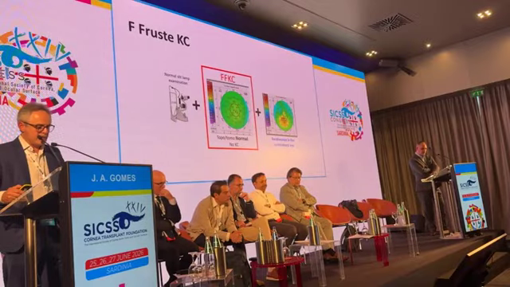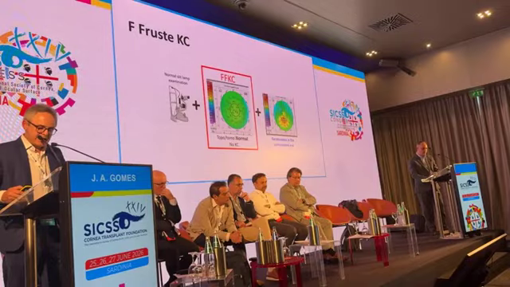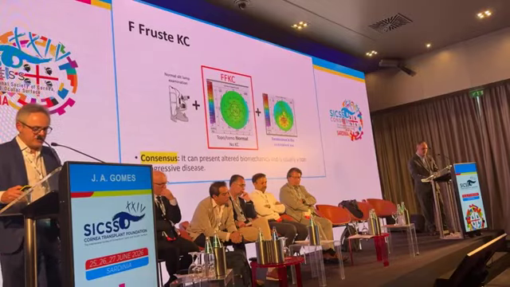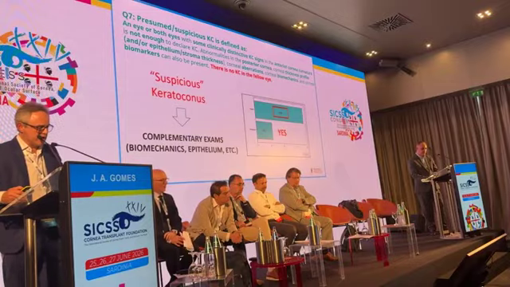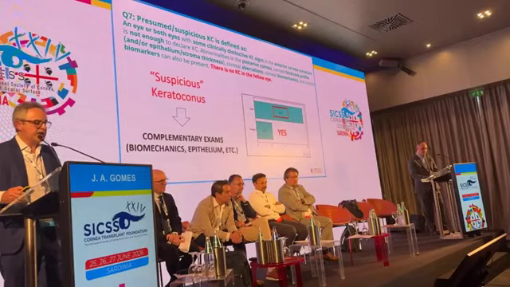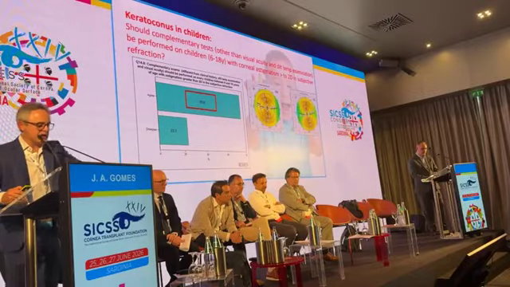Subclinical keratoconus is when you have some topographic or tomographic signs of keratoconus, but not enough to diagnose it, and the other eye has keratoconus. Forme fruste is when you have almost normal signs and keratoconus in the contralateral eye, but usually it is a non-progressive disease. When you have both eyes without keratoconus, but some suspicious signs, we included this as a suspicious keratoconus nomenclature, and those patients need complementary exams and close follow-up.